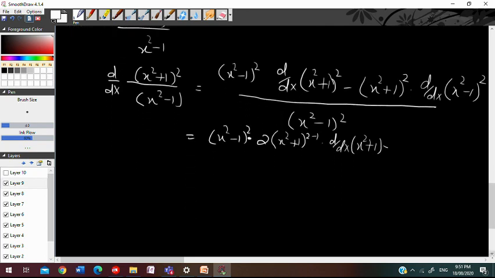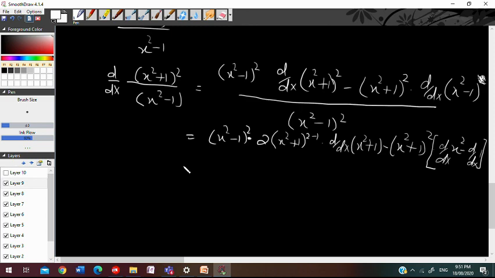Sorry, here we don't have this power 2. Why have I written this 2 here? Here we don't have any power. Now again (x² + 1) square, and we apply the derivative on the inside functions: d by dx of x² minus d by dx of 1.